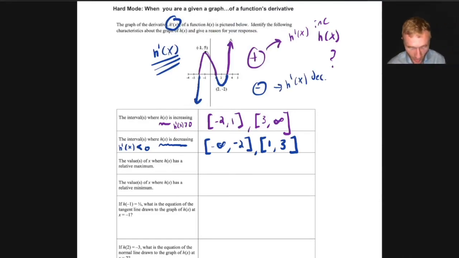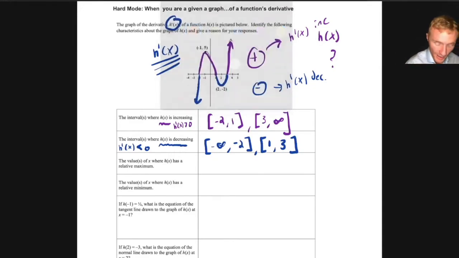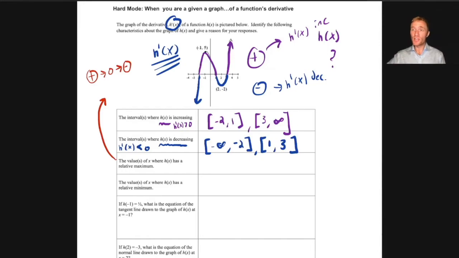All right, where does h of x have a relative maximum? A relative maximum happens if you go from a positive slope to a 0 slope to a negative slope, right? If your tangent line was positive, hits 0, and then becomes negative, that means you were at a maximum in your original function.